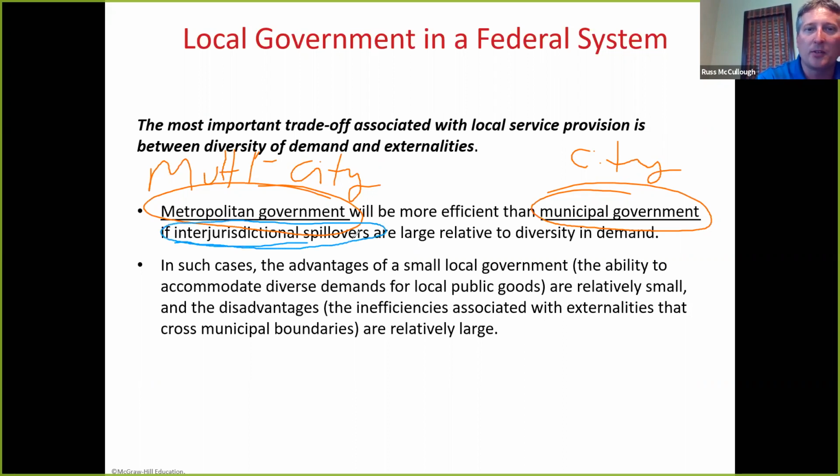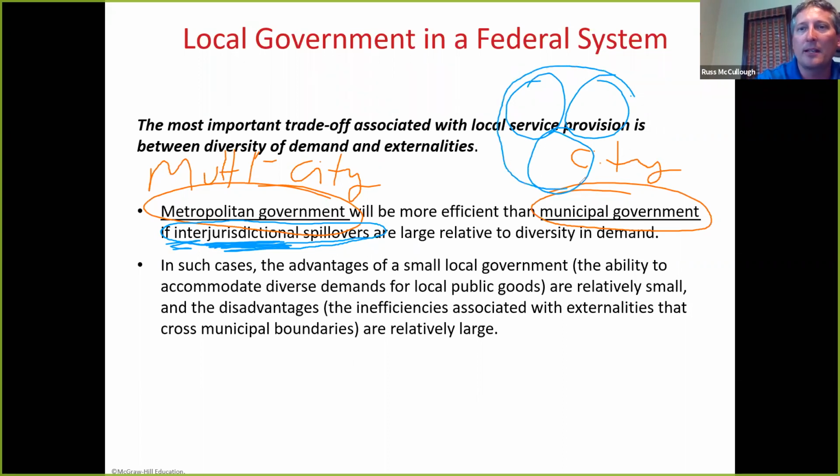interjurisdictional spillovers. Now that's a mouthful, right? We don't usually use this word here, jurisdictional. So among the jurisdictions, so among the cities, if we've got 3 cities together and we're calling the 3 of these a metro area, if the spillover effects are large compared to the diversity of demand, so if the people within these cities have similar demands, then the spillover effect is going to be more important.